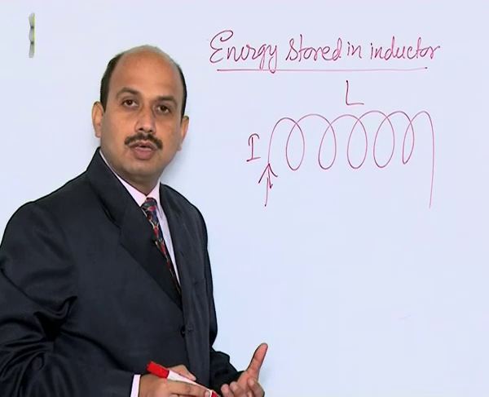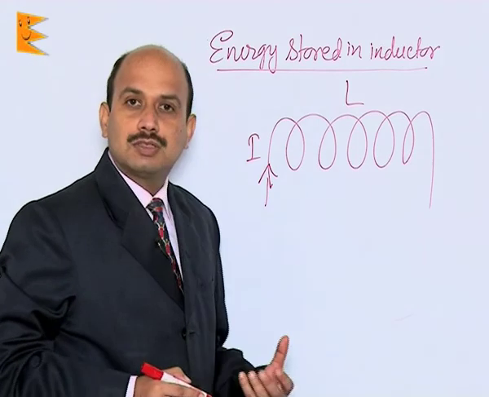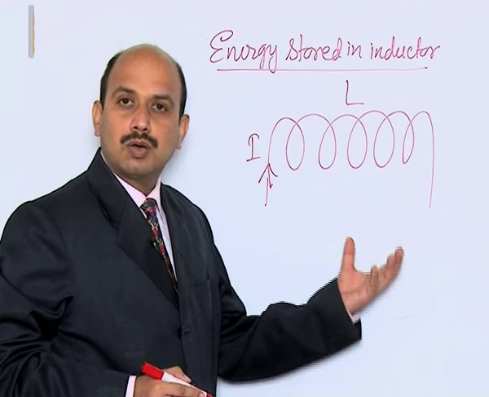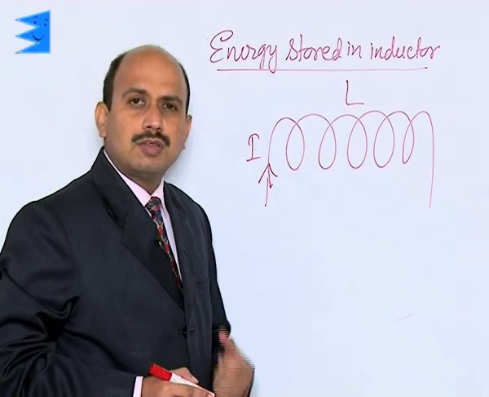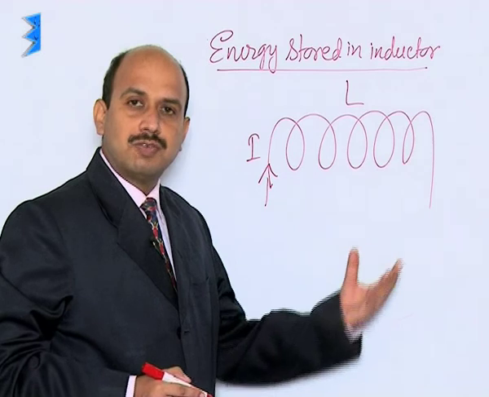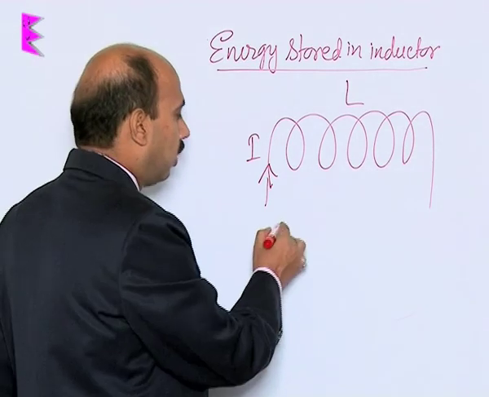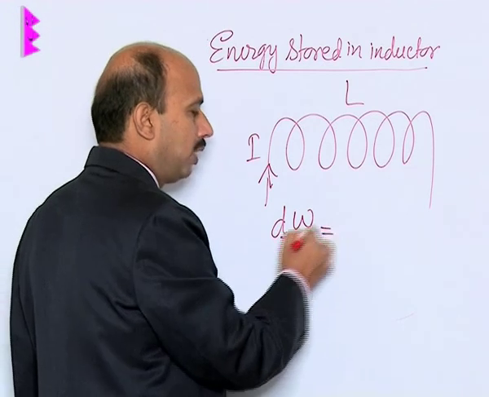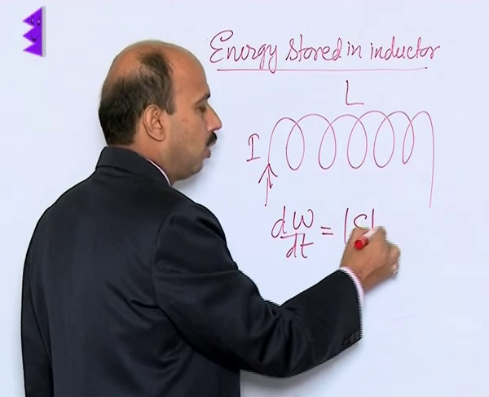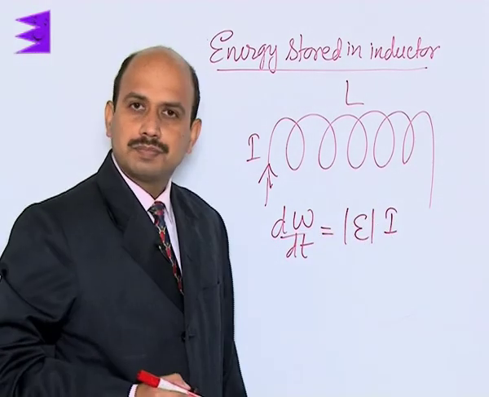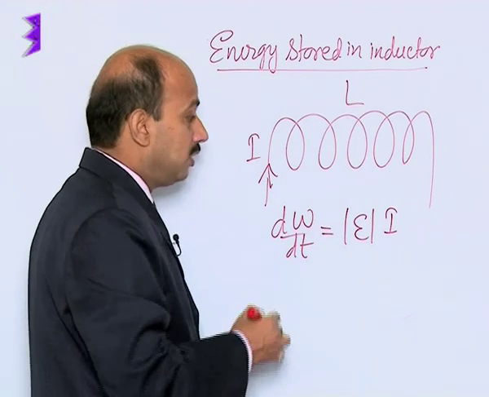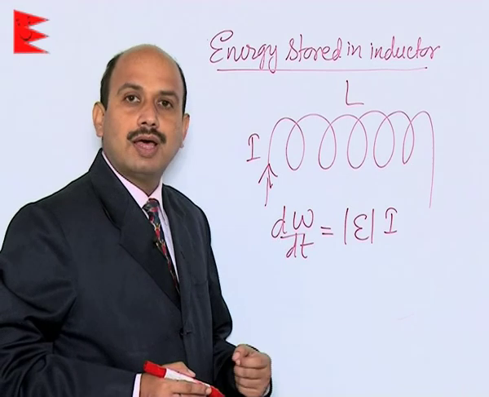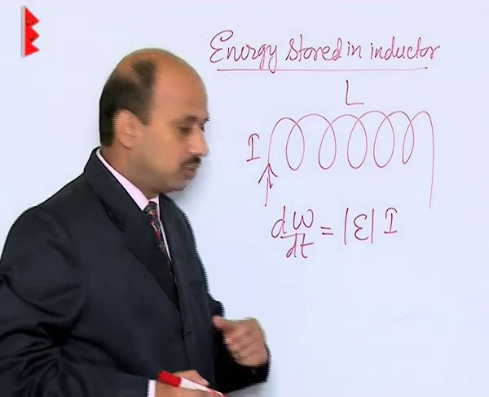So, due to this opposition, some work is done in establishing the current in the coil or in the solenoid. Suppose at any instant current I is flowing, then the rate of doing work can be given as dW upon dt, which is equal to the magnitude of EMF into I. This work done, which is stored in establishing the current in the inductor, is known as magnetic potential energy.